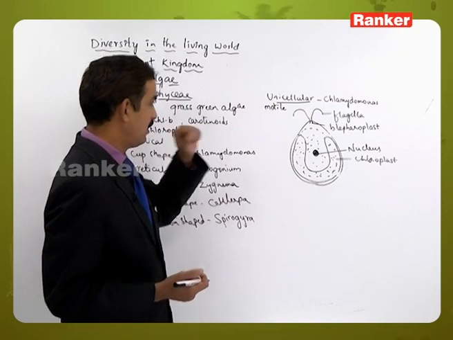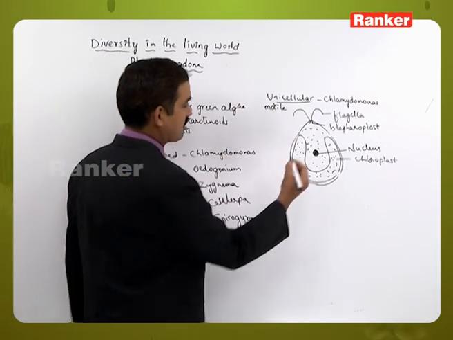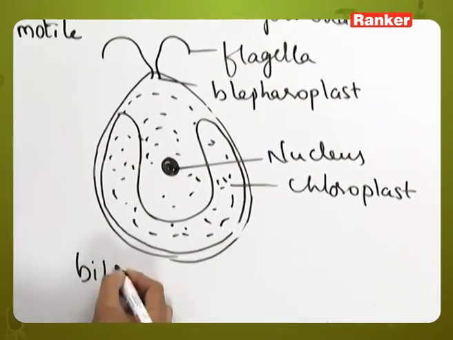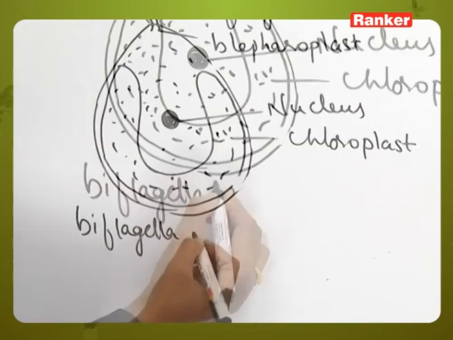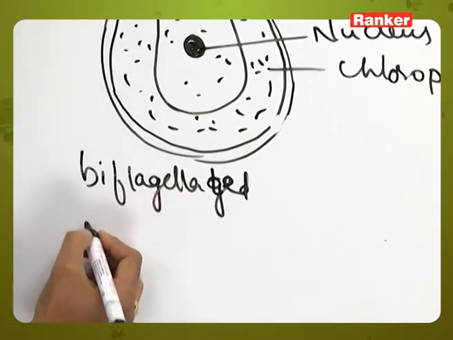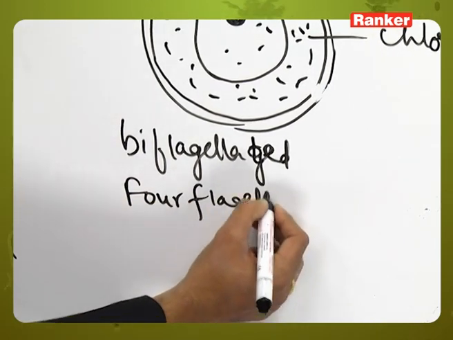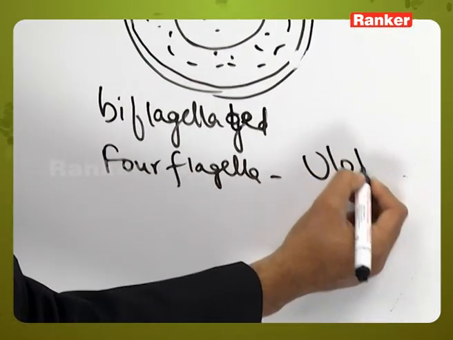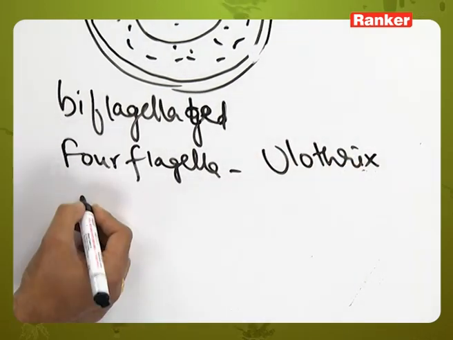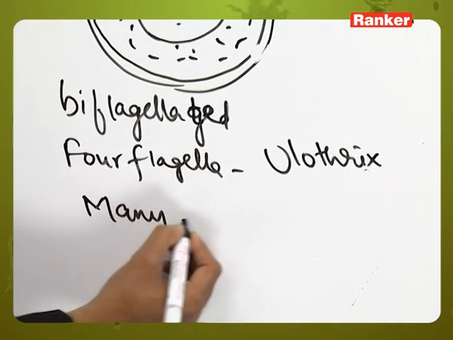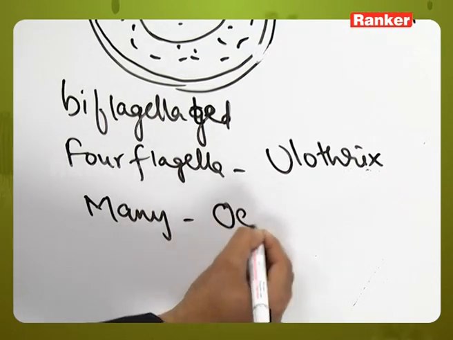Here the Chlamydomonas is having two flagella, that is biflagellated, whereas some of them are having four flagella like Ulothrix, and some will have many flagella also like in Edogonium.